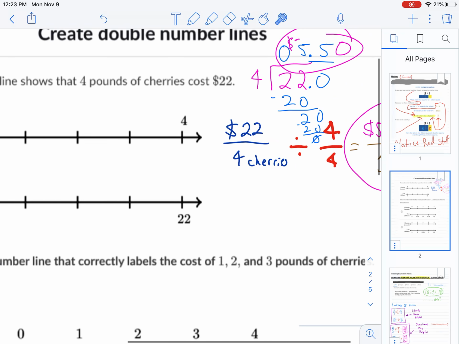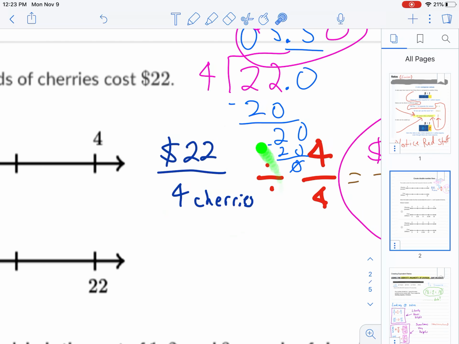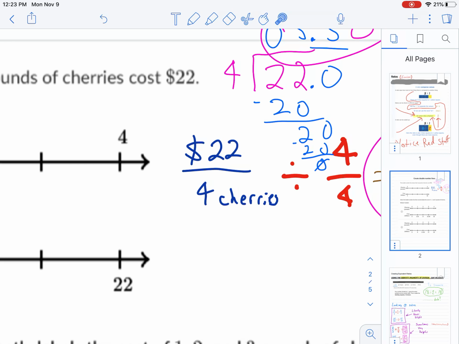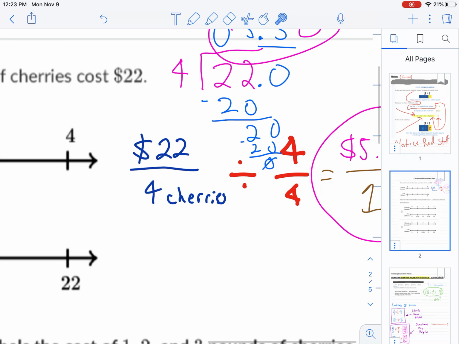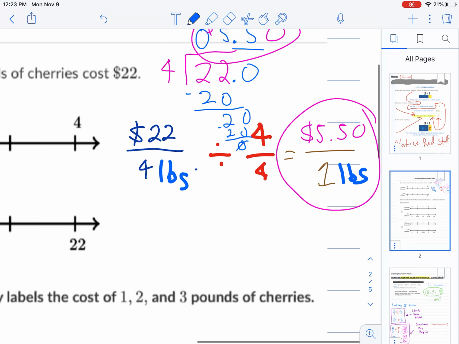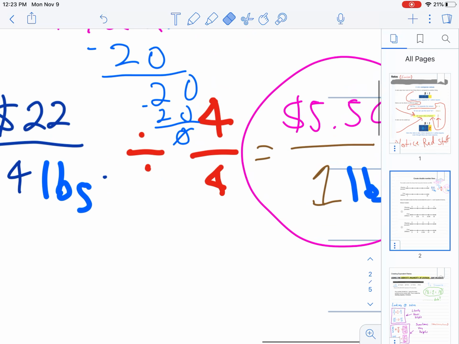Well, what you're going to do is you're going to set up a little ratio. Okay, 22 dollars, 4 pounds. I should have probably put pounds, but that's okay. Actually, I'm going to fix that. Pounds. Okay. And the idea here is you can, any way you want, divided by 4/4. 4/4 is just 1.